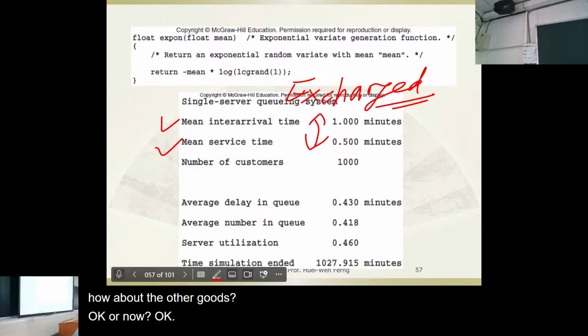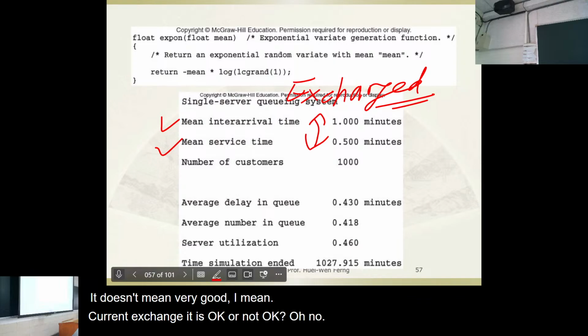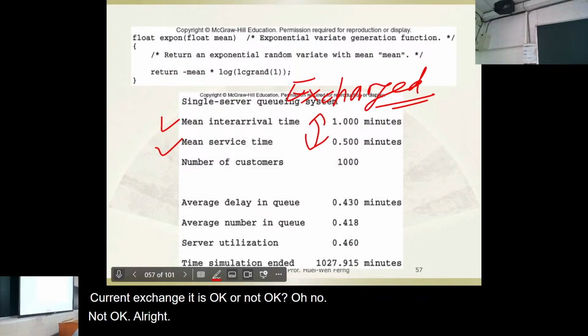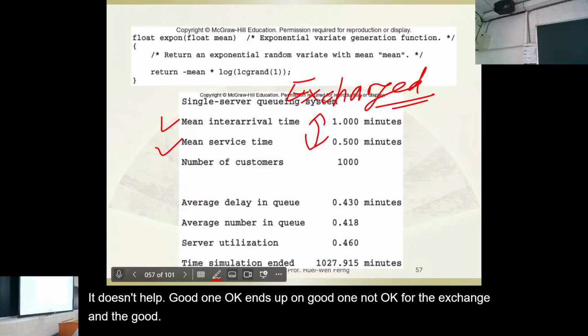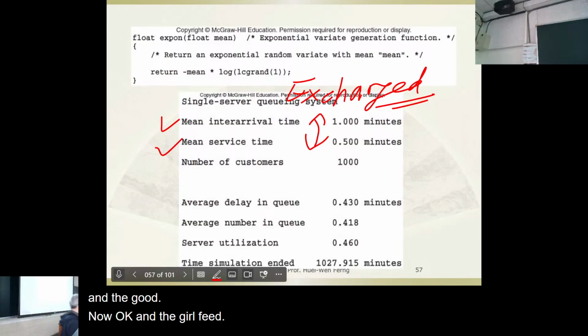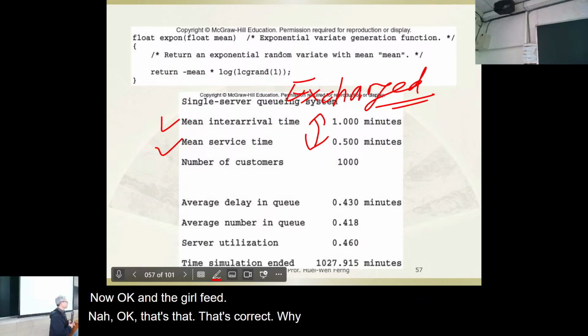Group 1, not okay as well. Answer from group 1, not okay for the exchange. And group 2? Not okay. And group 3? Not okay. That's correct. Why? Anyone want to let me know why?